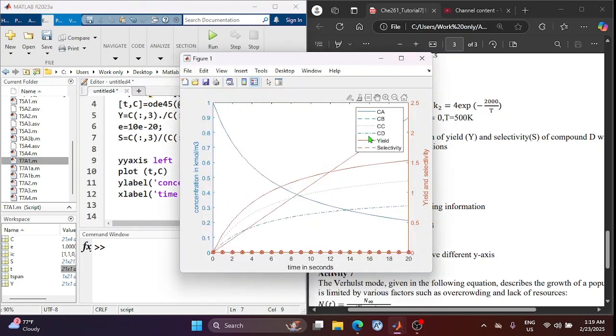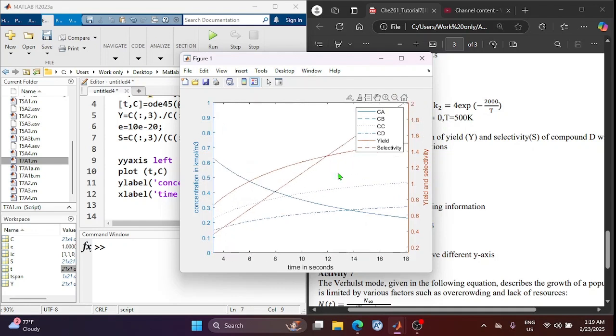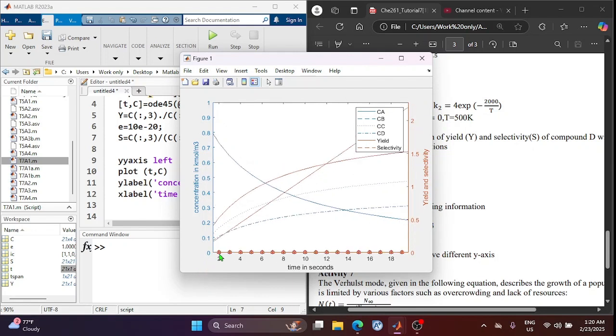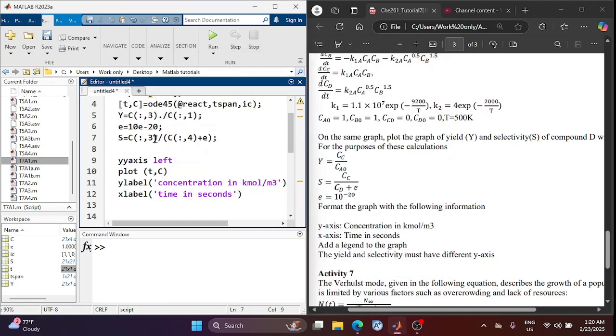Realize that from the graph here, yield and selectivity have different symbols. One is supposed to be a straight line, one is supposed to be a broken line. But if you look at it, you are not seeing that distinction between these two, and we are seeing an extra line down here that has not been accounted for. It means something is wrong with something we've plotted, especially the yield and selectivity part. When I came back, I checked through and realized that for the selectivity I forgot to put a dot here. Remember, I'm dividing a range of values by a range of values.